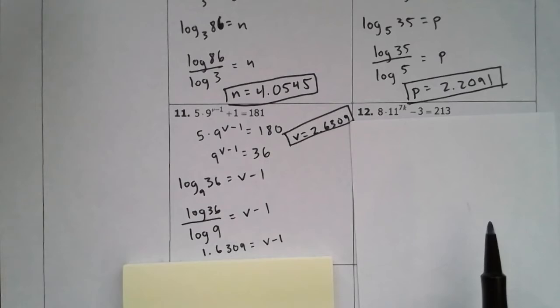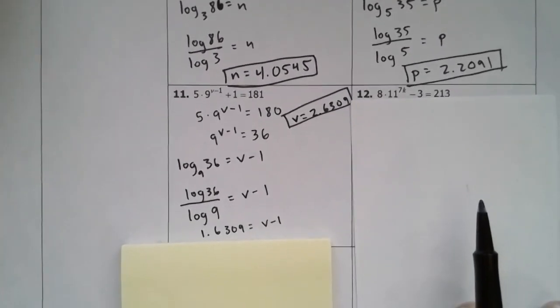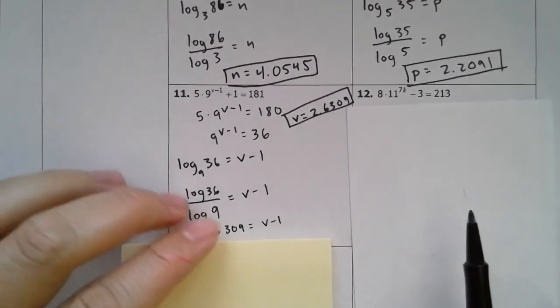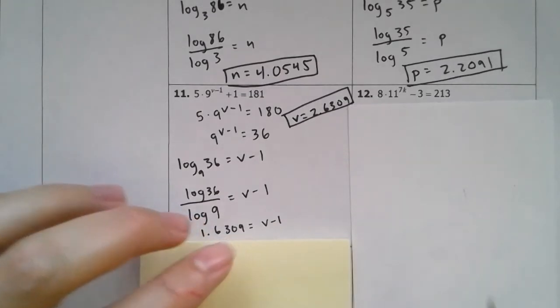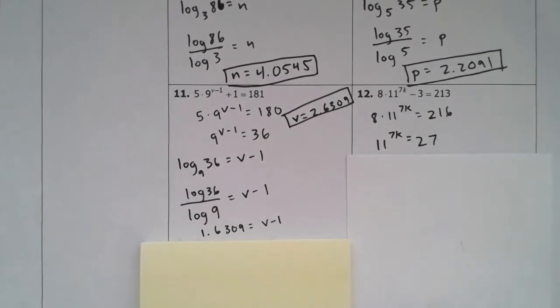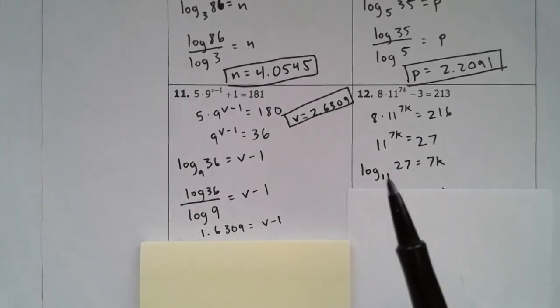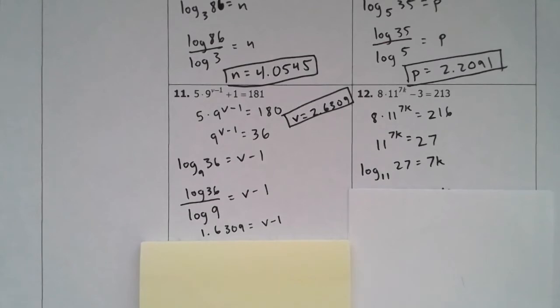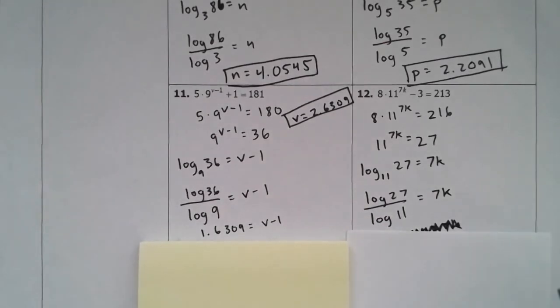Number 12, I have this expression here, so I add 3 to both sides, then I divide by 8. I would get this here, and then I rewrite this as a log, and there's nothing I can raise 11 to get 27, so it's change of base formula, and I get that right there. Now input this in your calculators.